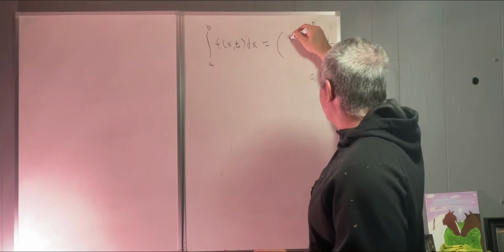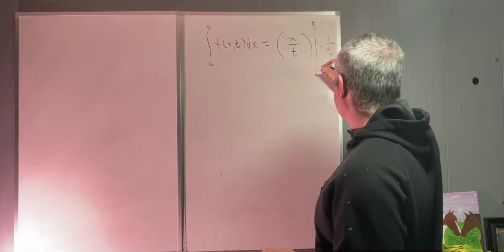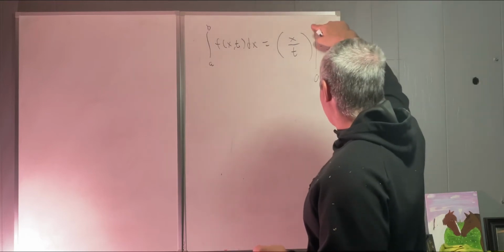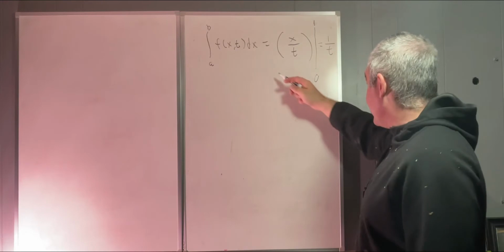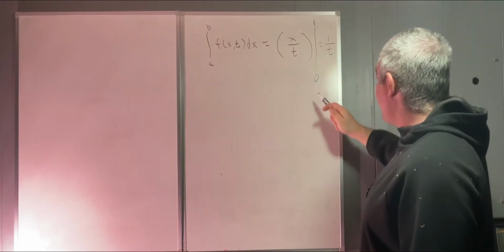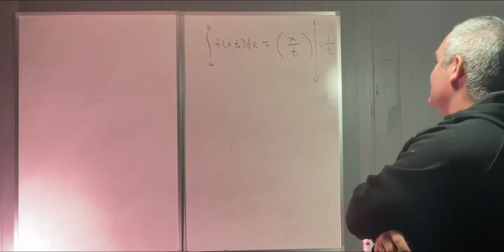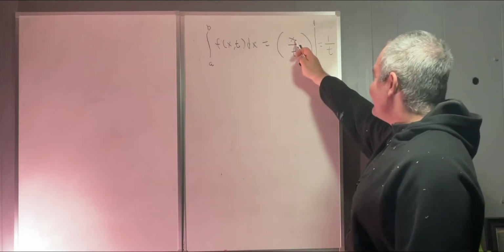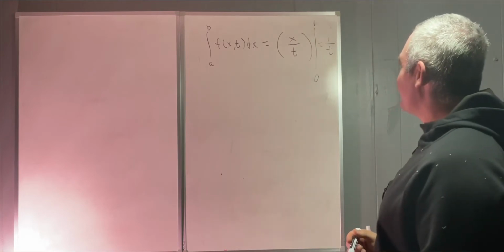We could get it this way, of course. That's obvious. If you evaluated that, you would get 1 over t minus 0 over t, which would give you 1 over t. But how are we going to just get this x over t as the result of an antiderivative?